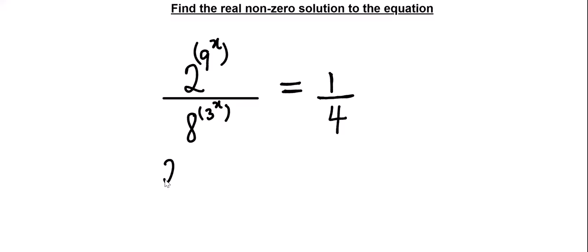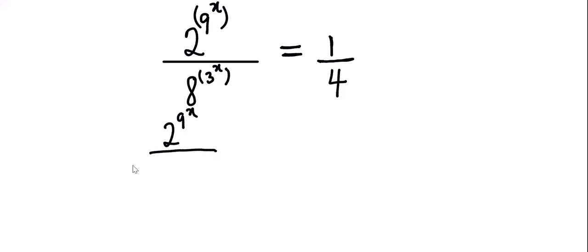Now let's break this down. Here we have 2 to the power of 9 to the power of x divided by 8, which can be written as 2 to the power of 3, and outside this we have 3 to the power of x, which equals 1 over 4.